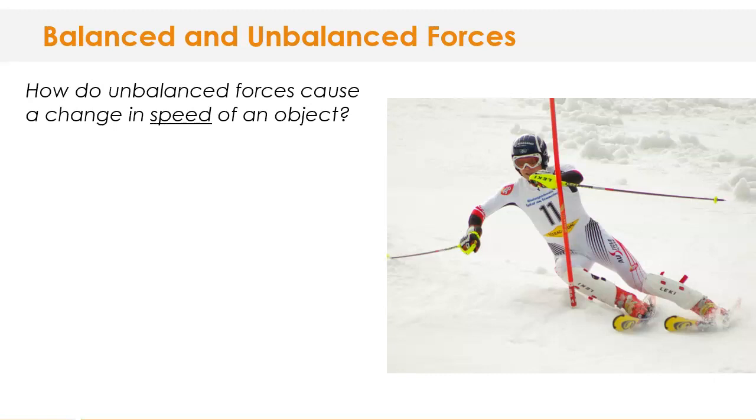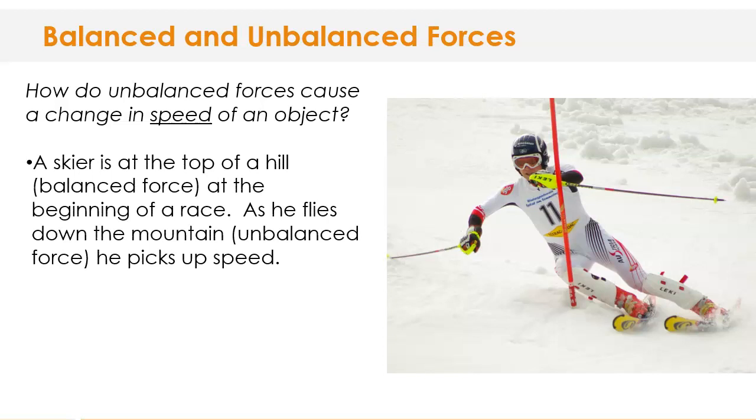How do unbalanced forces cause a change in the speed of an object? Well, if you have a skier that is at the top of the hill, all the forces are balanced. The skier, therefore, is at rest. This could happen at the beginning of a race as the skier is flying down the mountain. Unbalanced forces are at work, and their speed increases, or he picks up speed.